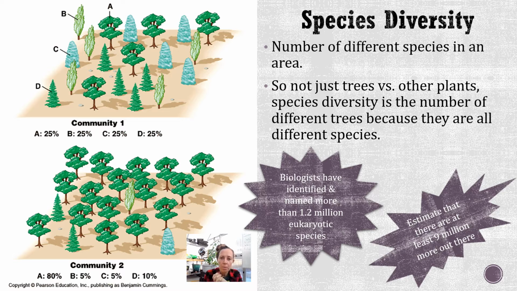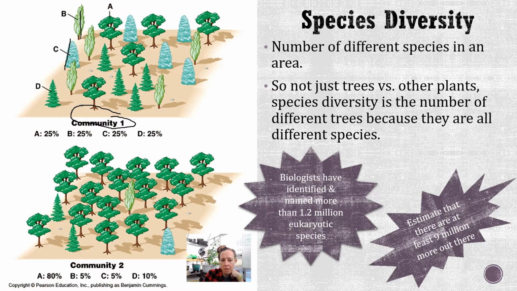So when we look at these 2 pictures, we can see that community 1, let me get my pen ready. So this community up here, right? See all the different trees? We have tree A, B, like this one's tall and thin, this one's like a pine tree, right? This is a different type of pine tree. They look different because they're all different species of tree, all right?